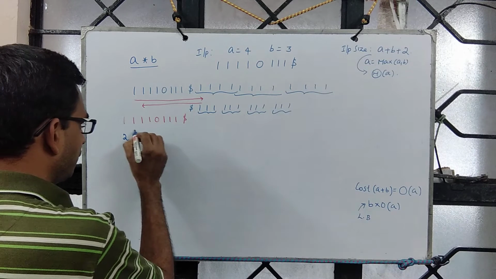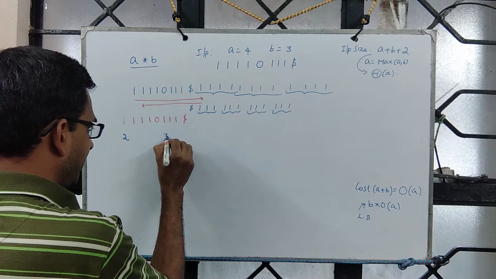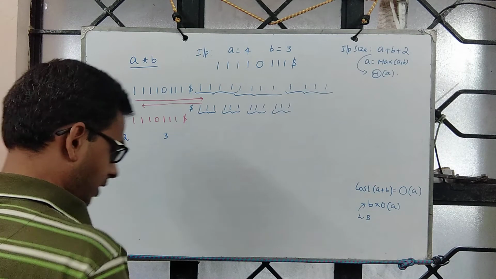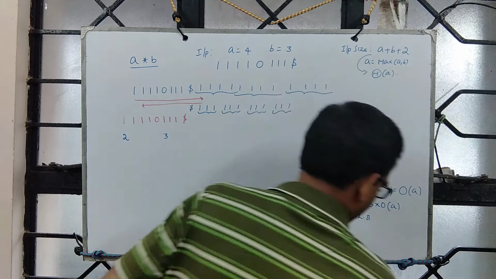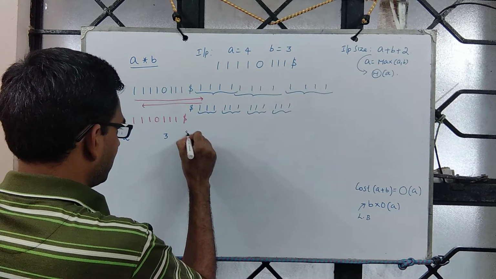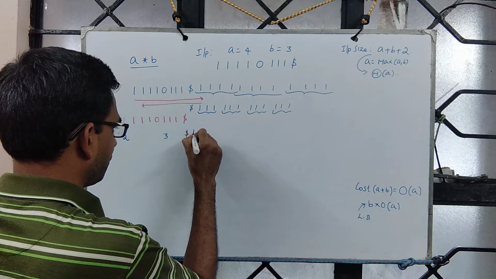Fine. So now I've crossed this. Now I'm reading this. I've read the first one. Now what I'll do, I'll move right. Then you come across a dollar. After that there is a blank symbol, so I write 1.